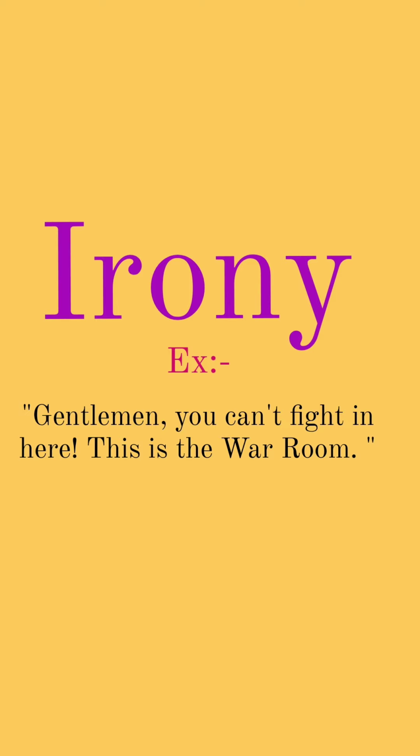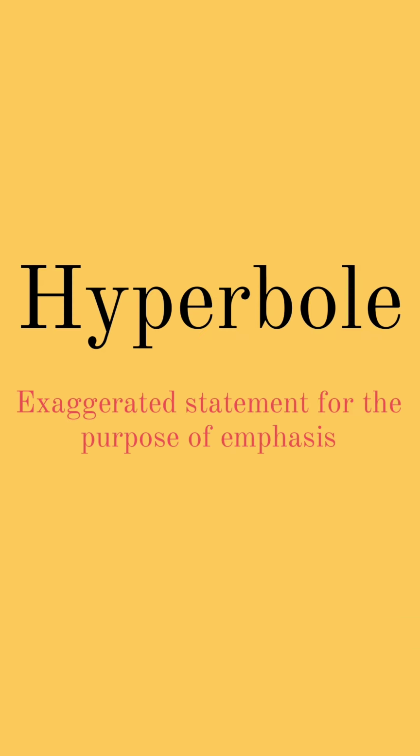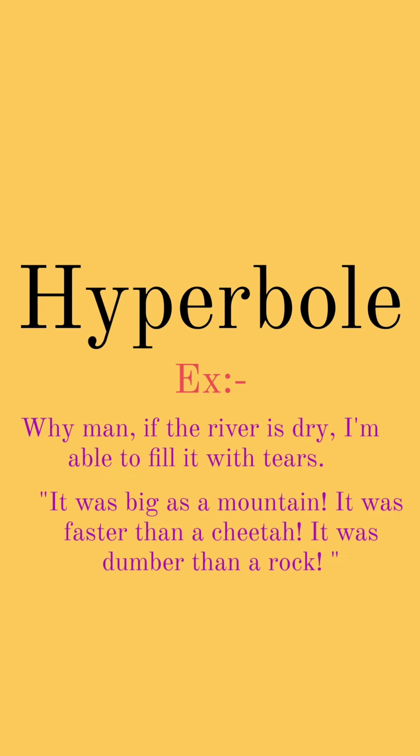Next we have hyperbole. When we make an exaggerated statement or try to emphasize a purpose, then we use the poetic device hyperbole. For example, it was as big as a mountain, it was faster than a cheetah, it was dumber than a rock.